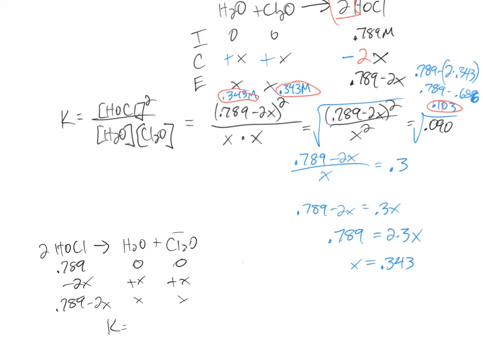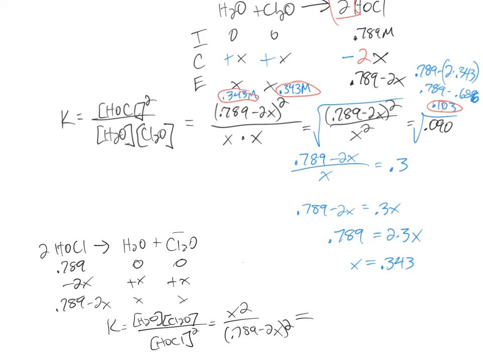And you go ahead and write the expression for K, where this time we're putting Cl2O and water on top, and the HOCl in the denominator. Then you would have x squared all over 0.789 minus 2x, quantity squared. And that would be equal to some value for K.